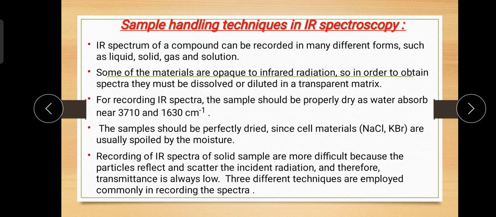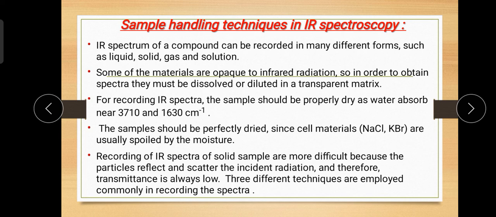But to obtain the proper spectra we have to use different techniques. Recording IR spectra of solid samples is more difficult because the particles reflect and scatter the incident radiation, and therefore the transmittance is always low. Three different techniques are commonly employed in recording the spectra.